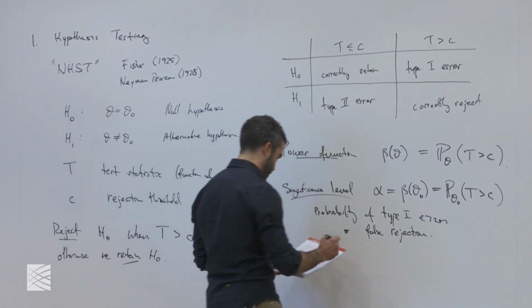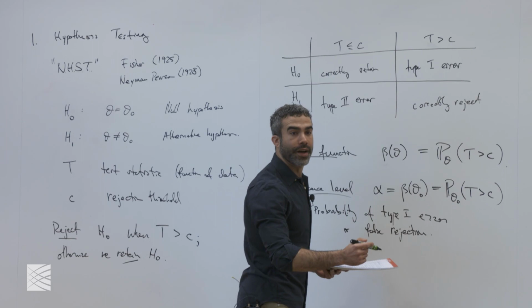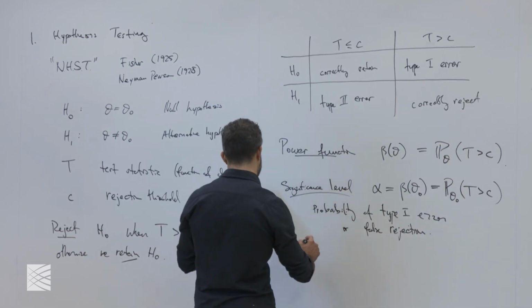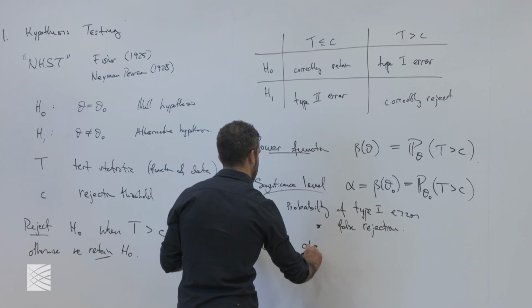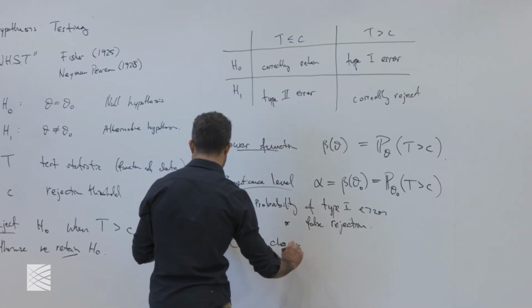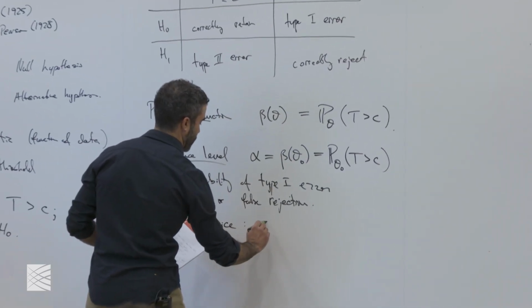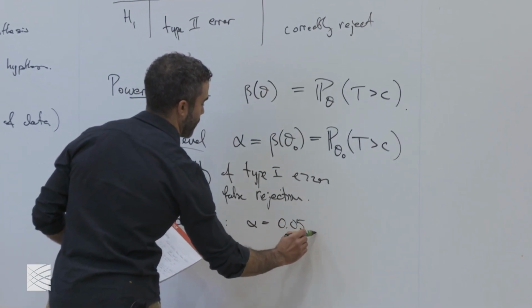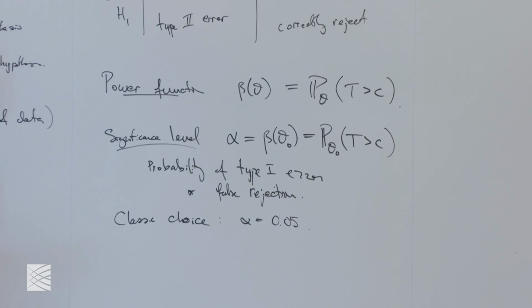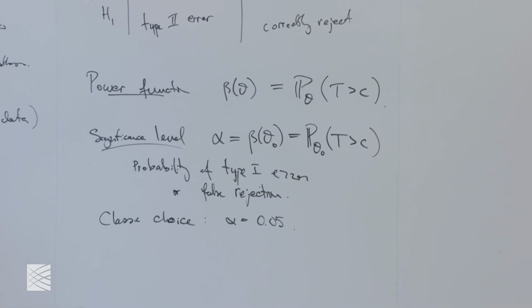Please interrupt if you have any questions. And the classic choice is, of course, famous, infamous 0.05 for the significance level, right?